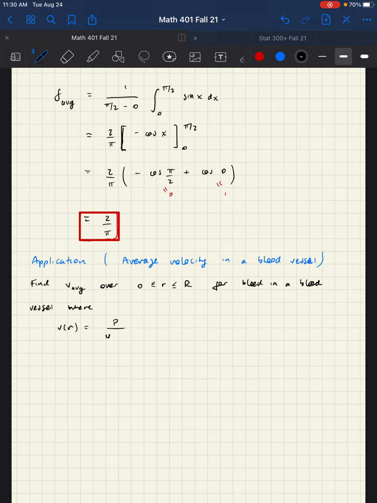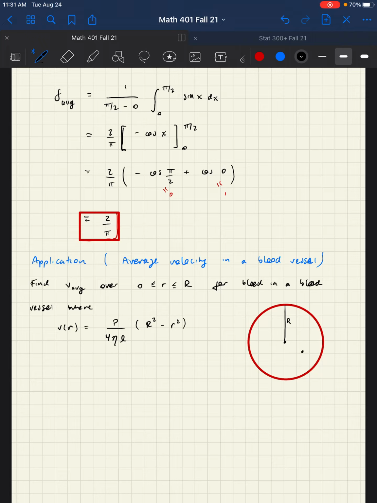at some radial distance from the middle of the cross section, we have P over 4 nu L times capital R squared minus little r squared. So to remind you again of what we're looking at here. Here's our blood vessel.